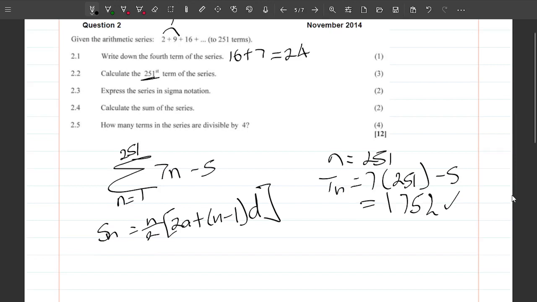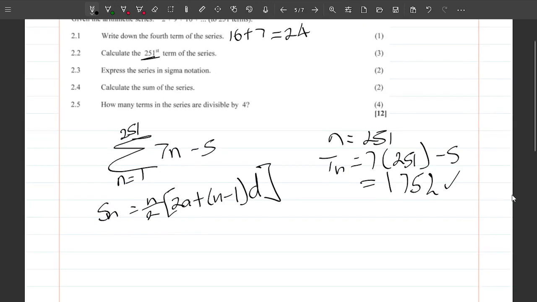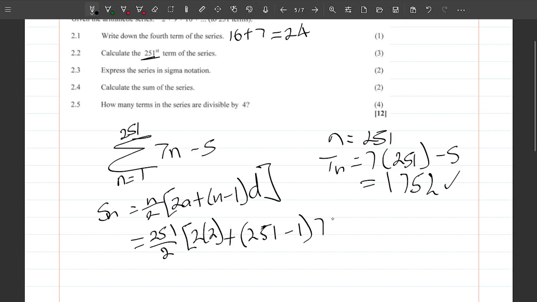Then I'll make those substitutions accordingly. n is the number of terms that I'm trying to sum up, so 251 over 2, multiplied by 2 times a, and a is the first term, which is 2, plus (n minus 1), where n is still 251, so 251 minus 1, and then d is the common difference of 7. Then we close that off and let the calculator do the work.